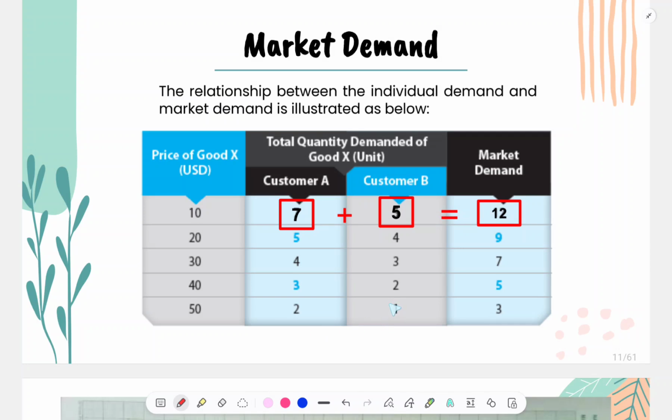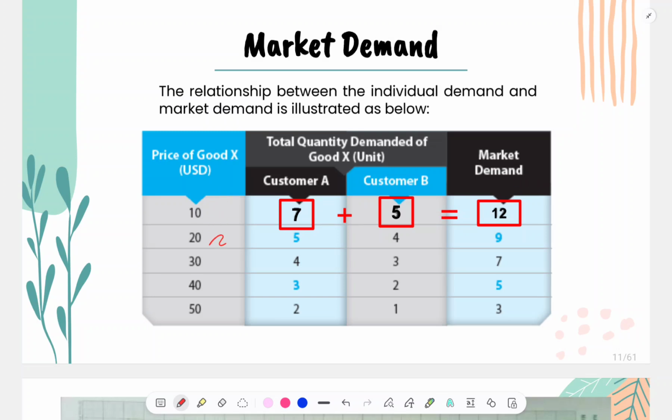For example, customer A wants to buy 7 units at $10. Customer B only wants to buy 5 units at the same price. So we total up. The market demand is 12 units.